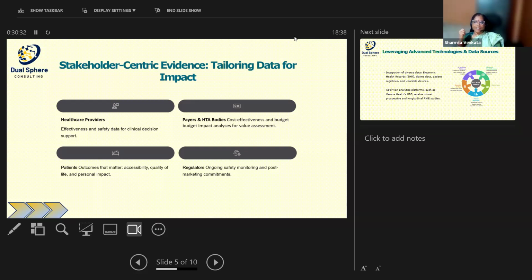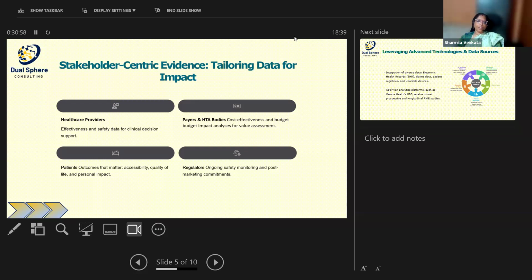They look for data on efficacy, safety, tolerability, and comparative effectiveness. So they value head-to-head trial data, subgroup analysis, and evidence on how well the treatment works in practice. They may also want guideline alignment. Does the evidence match what's recommended by professional bodies?